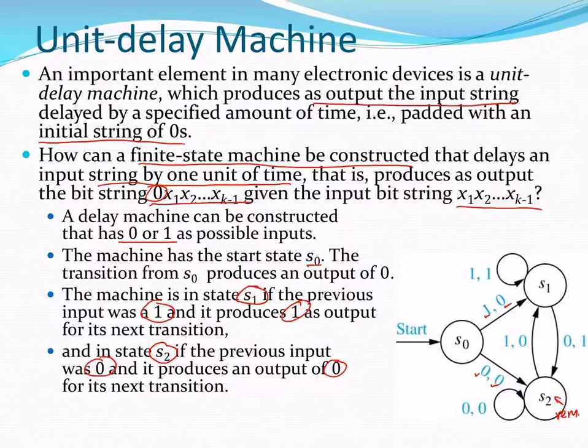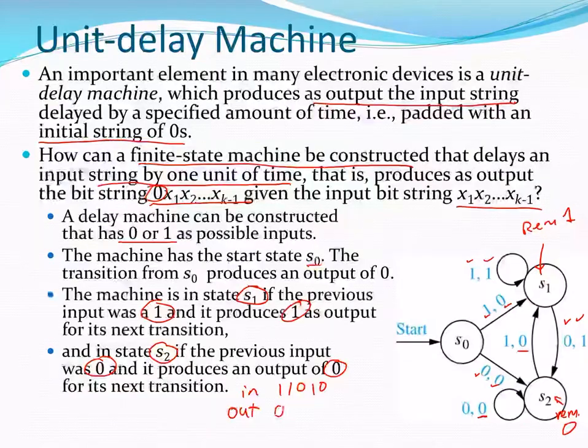State 1 remembers that a 1 had come in, so that if a 1 comes in here, a 1 comes out, but also if a 0 comes in, a 1 comes out. Likewise for state 2, no matter what comes in, a 0 is going to be put out. So if I have an input of 1, 1, 0, 1, 0, what does the output look like?